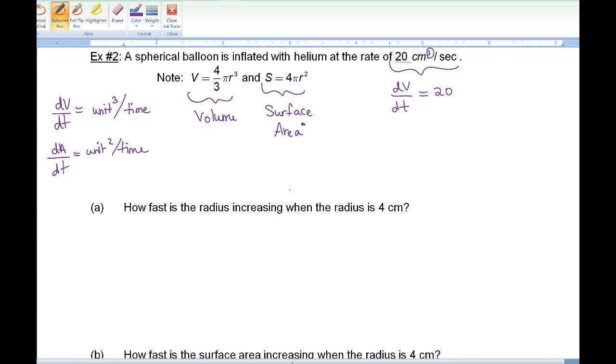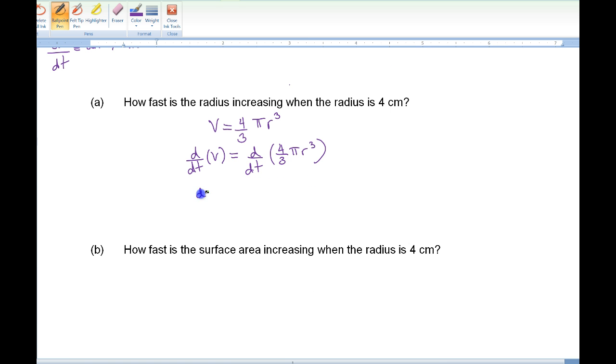So right at 4 centimeters, how fast is the radius changing? Take the volume formula and take d/dt of both sides. On the left side, the derivative is just going to be dV/dt.